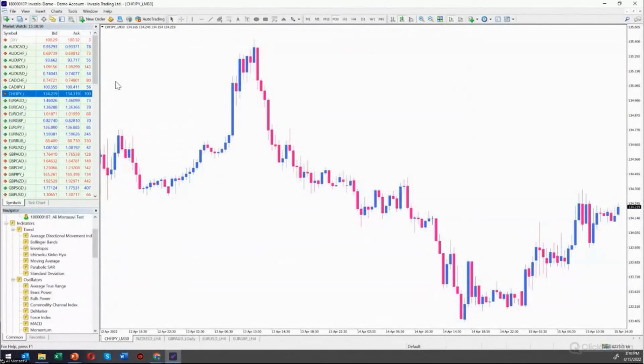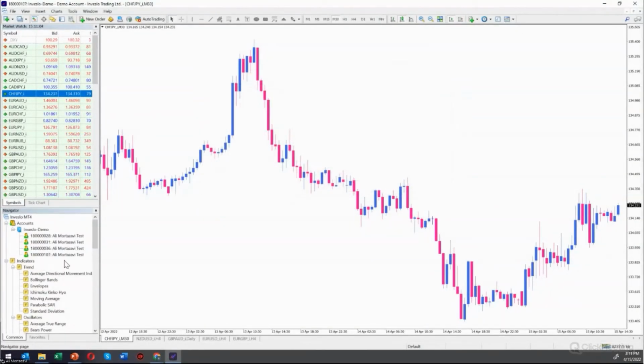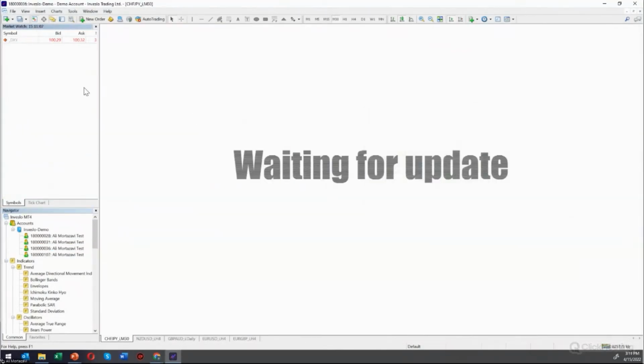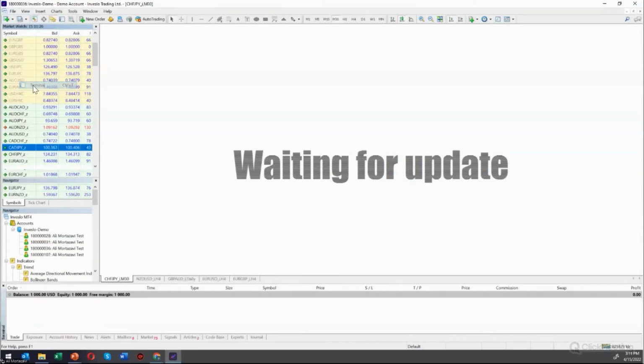For example, here you see my demo account is the standard account, so I have only one option available here, the instant execution. But if I choose a different account, like one of the ECN types, you may see that I have another option as well. Let me check if this is the right one.